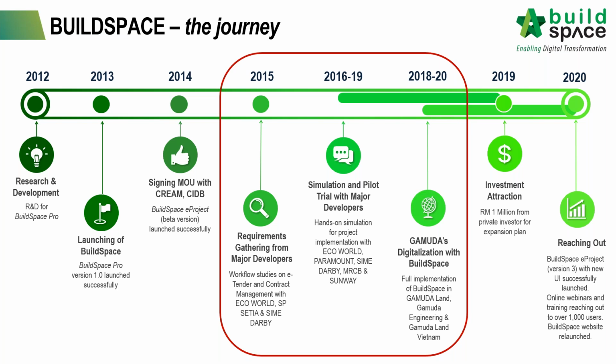From there, we started to have another split of BuildSpace. We call it BuildSpace E-Project, and Gamuda came on board with us for digitalization back in year 2018. Over these 3 years, we started to see the full swing implementation in Gamuda, and they are also set up in Vietnam, including Hanoi and Ho Chi Minh.